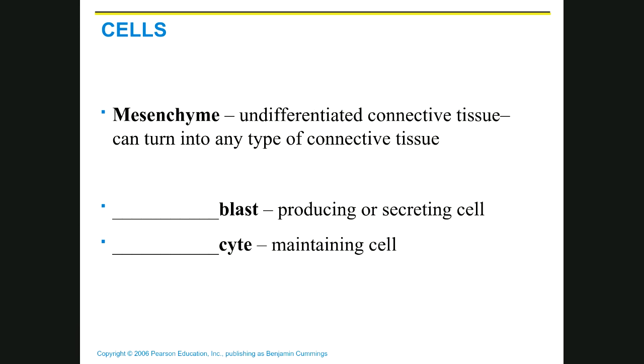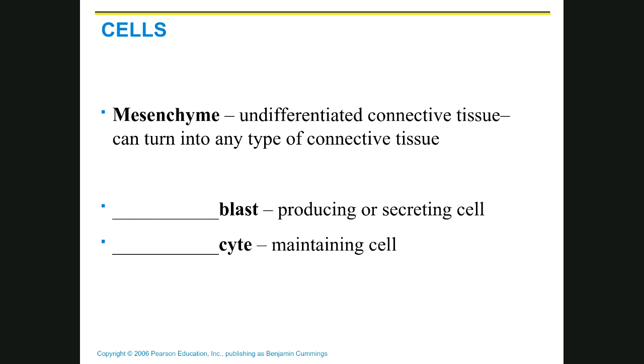So what's going to happen is mesenchyme is going to turn into another type of connective tissue. Priscilla says it's the one connective tissues come from. That's exactly right. All connective tissues come from this mesenchyme.